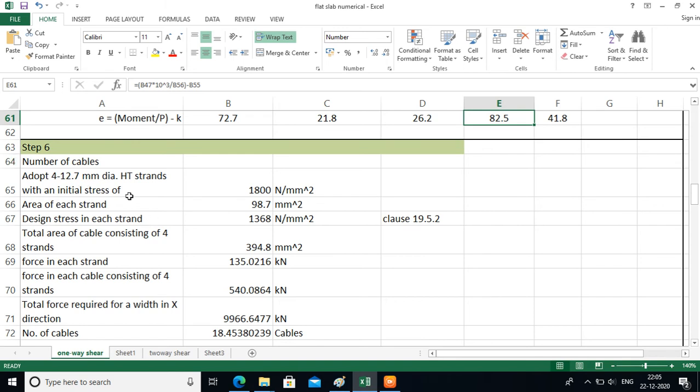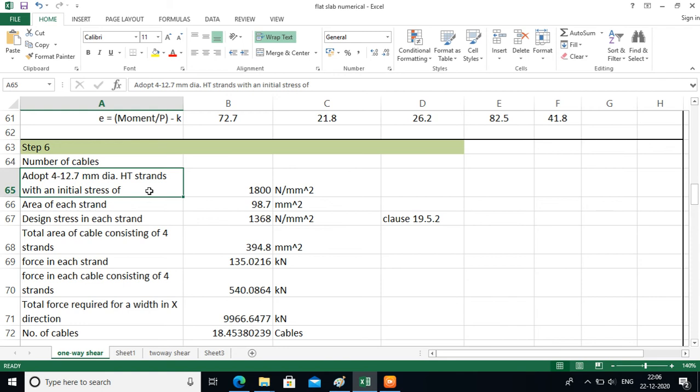For our design we are going to adopt 4-12.7 mm diameter high tensile strands with an initial stress of 1800 MPa. So we are going to use this type of strand.